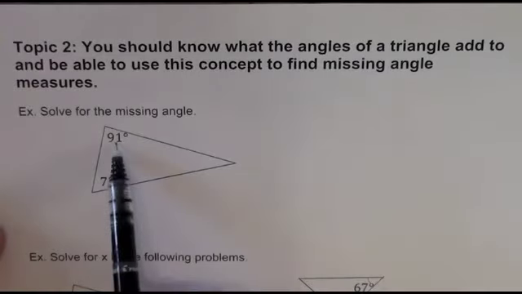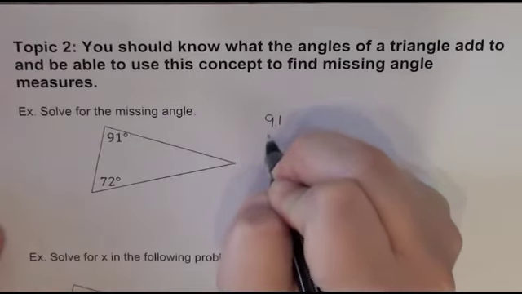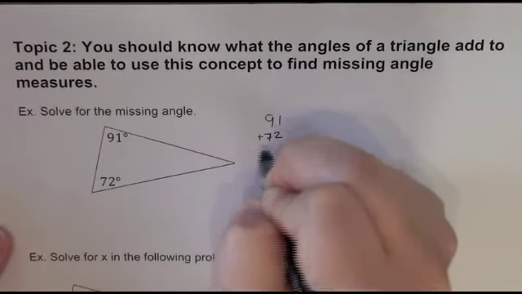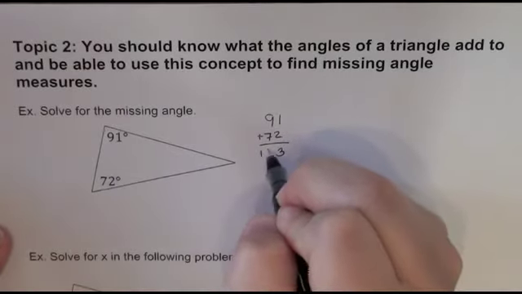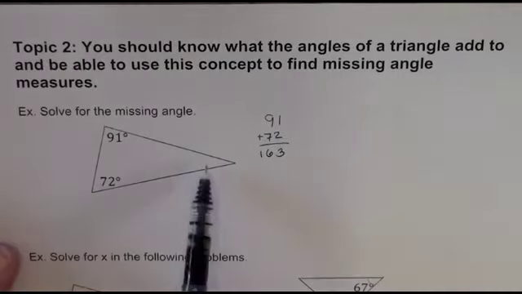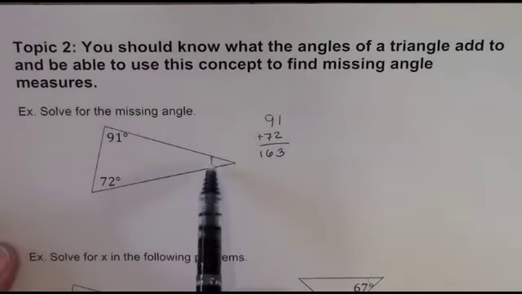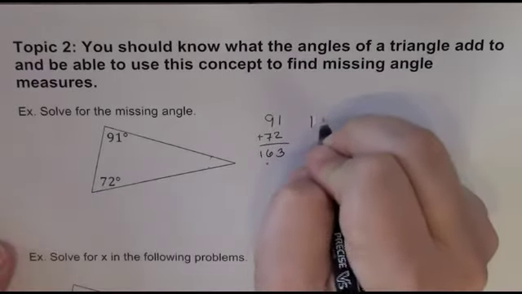Option 1, if we know this is 91 and this is 72, so far, when we add them together, we get 163 degrees. The interior angles of the triangle need to add to 180, so this last angle is whatever's going to be left of the 180 after we remove the 163.